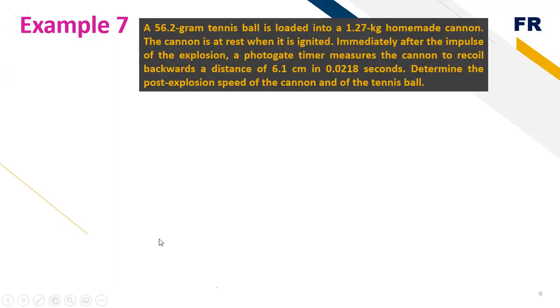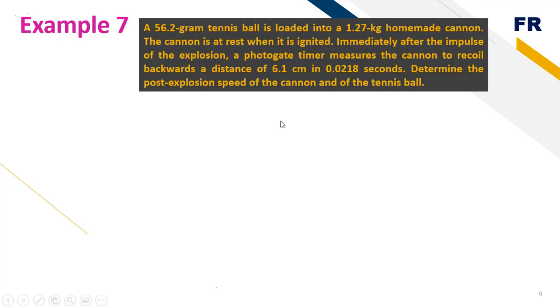Now let us look at an example for explosion. A 56.2 gram tennis ball is loaded into a 1.27 kilogram homemade cannon. The cannon is at rest when it is ignited.